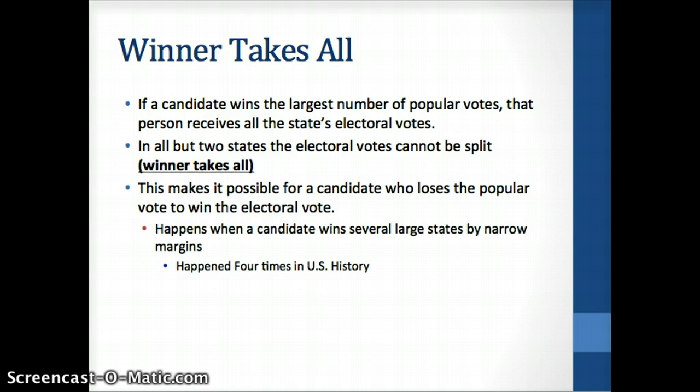This makes it possible for a candidate who loses the popular vote to win the electoral vote, and this happens when a candidate wins several large states by narrow margins. This could happen in California, which has 54 electoral votes, or somewhere like Texas, which also has a lot of electoral votes. This has happened 4 times in U.S. history, most recently in 2000 with George Bush and Al Gore.